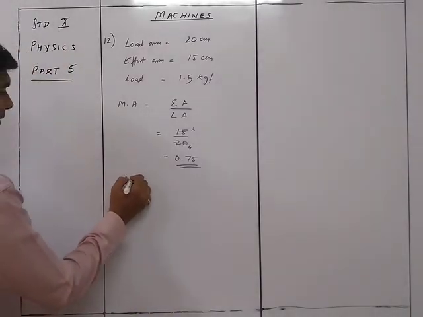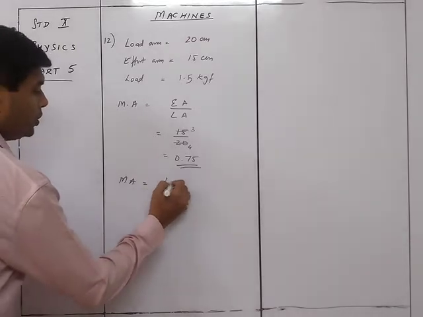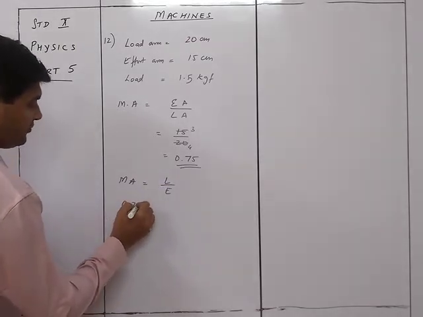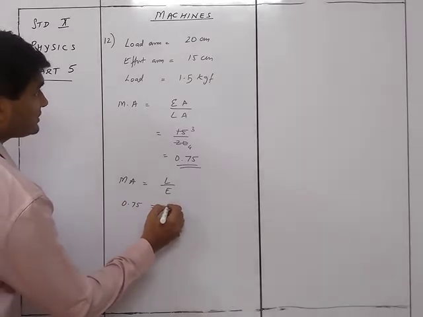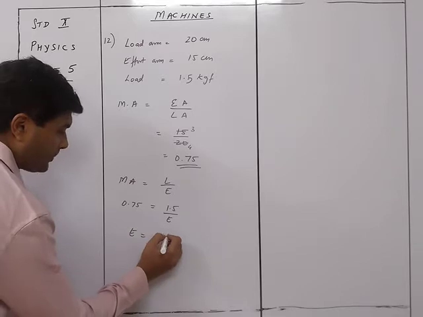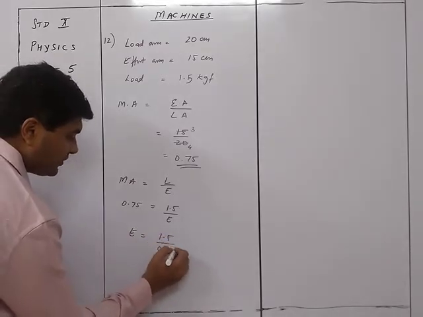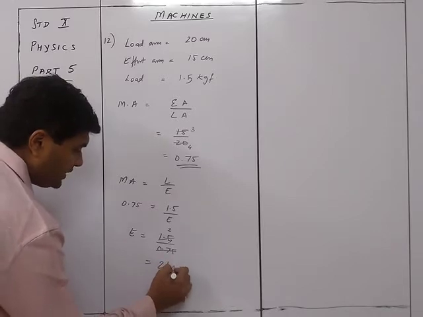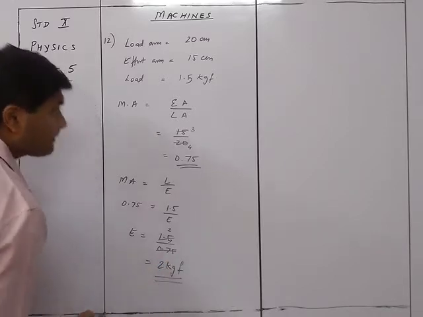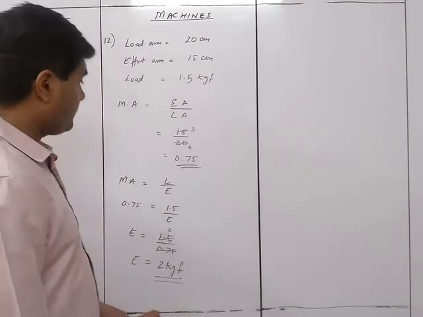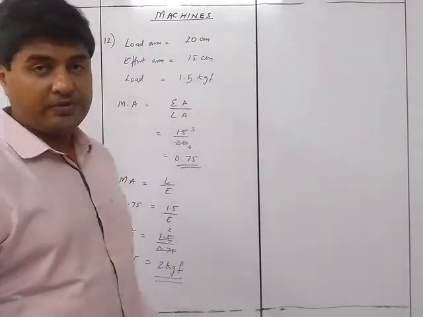So MA is equal to load upon effort. So 0.75 is equal to load 1.5 upon effort. So effort is equal to 1.5 upon 0.75. That will be twice, so it is equal to 2 kgf. Right. So effort required will be 2 kgf, which is the answer for sum number 12.